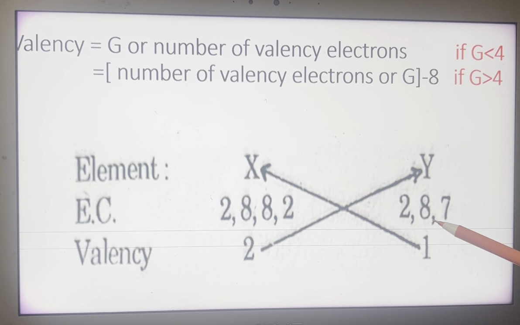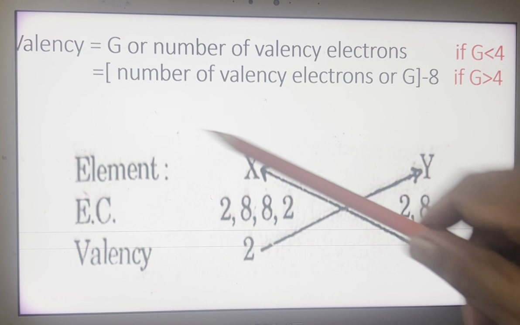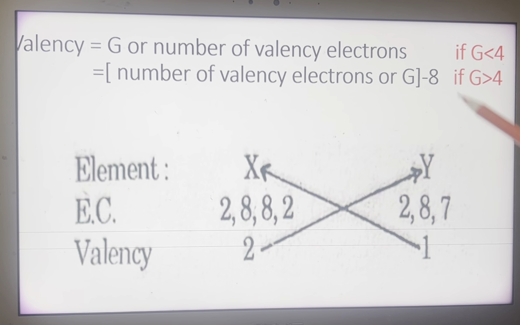For Y, 7 electrons are there in the valence shell, which is more than 4. So the valency becomes 7 minus 8, which is minus 1. The minus is written on the right side, and 1 is the valency.